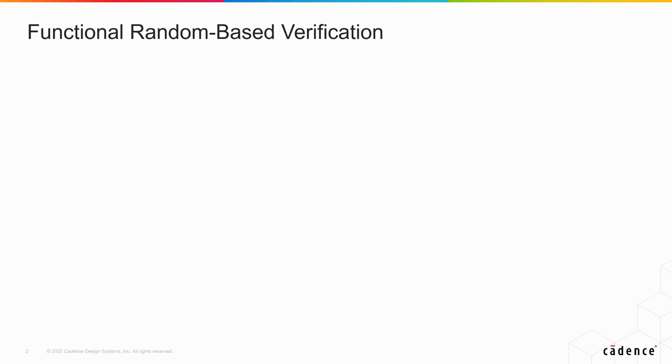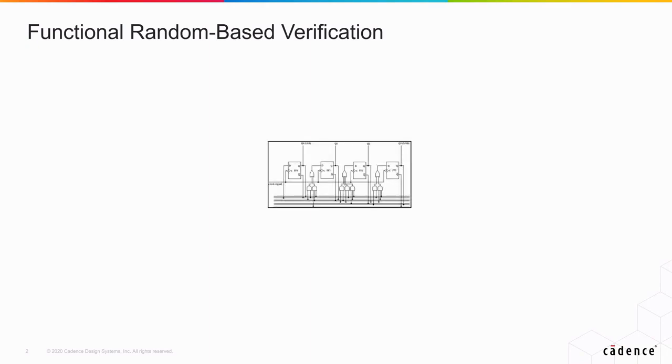Let me explain the basic idea of functional random-based verification. Assume I'm designing a new piece of electronic hardware, which can be really anything: a processor, a sensor, storage. So here's my design, and I'm showing some schematics here, but in reality, it's not schematics. It's a description which looks more or less like code in a programming language, a special kind of programming language for designing hardware.